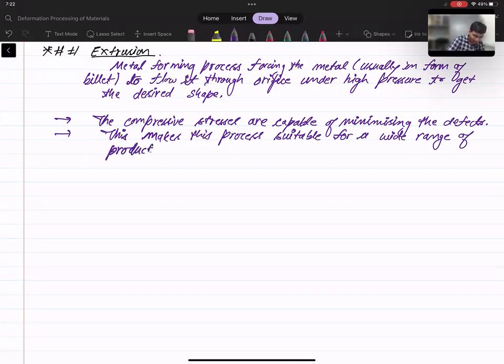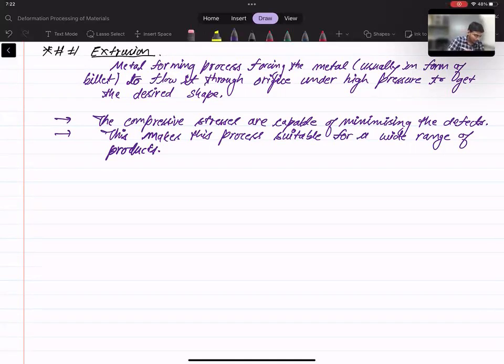Basically, we form the products out of these processes, and this property also makes it possible to reduce the cross section or to form materials like stainless steels, etc., which are difficult to form by other processes, which may lead to fracture or failure of the components.